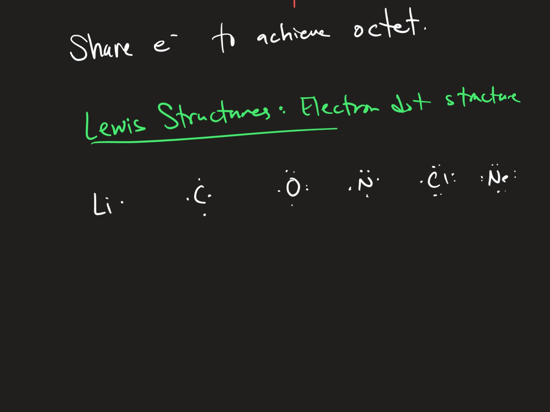Yeah, Sandy. How do you determine the valence electrons for transition metals? Or just for any element? Any, yeah. Okay, let's do a review here.